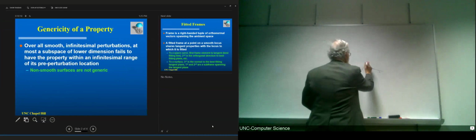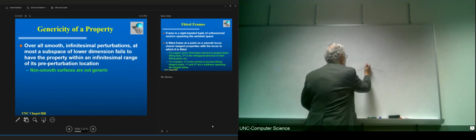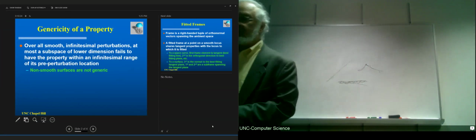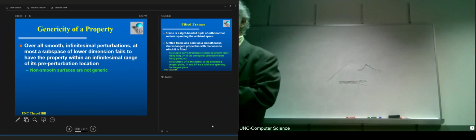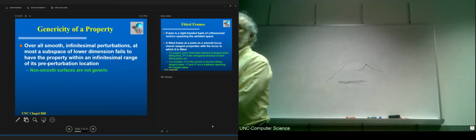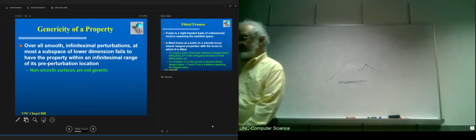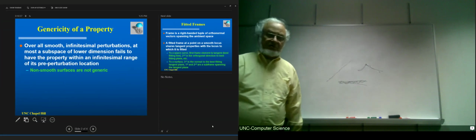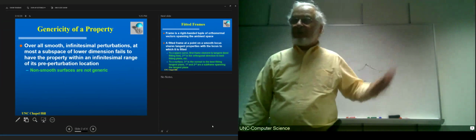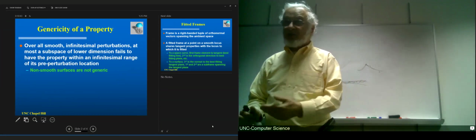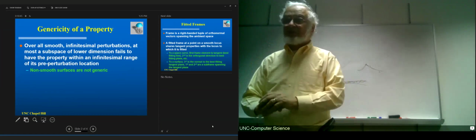So instead of this sharp thing, we might have a relatively sharp turn, but not a point. In this case, we make the sharp turn a round and smooth turn. Then this shape has the property of being generic. Yes, the smooth one will have properties that are generic, whereas the pointy one doesn't.